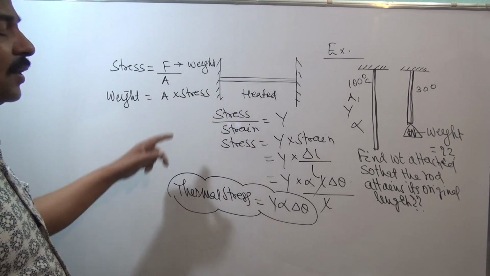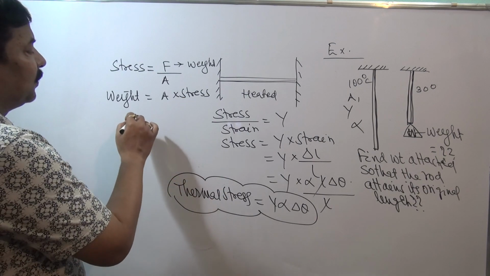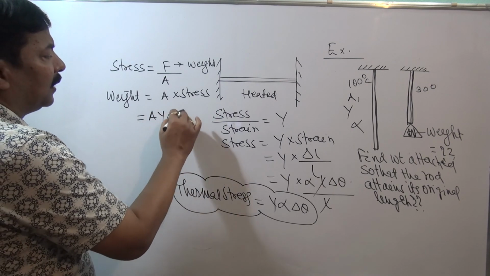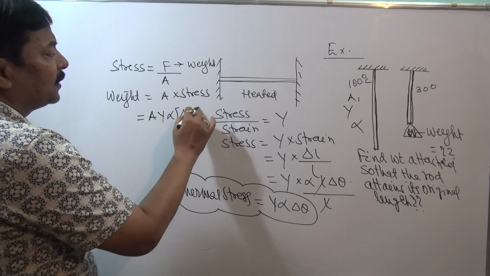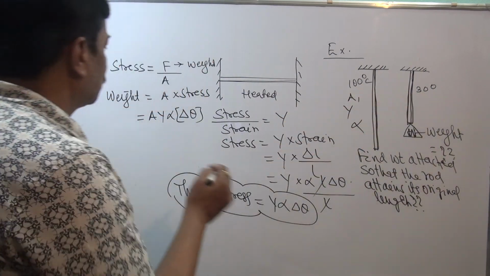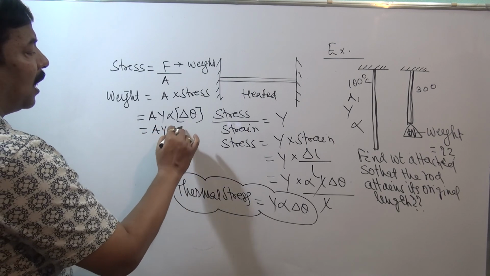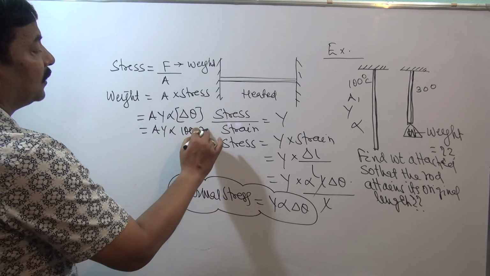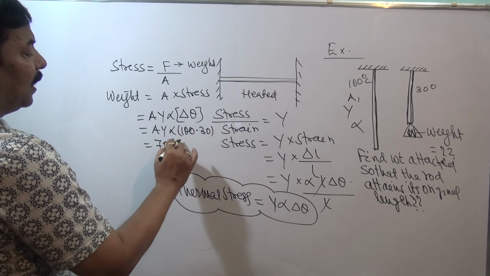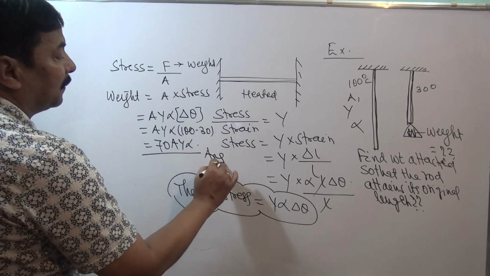And that stress is your thermal stress. So this is A, Y, alpha, delta theta. What is this delta theta? Delta theta is 100 minus 30. So you are getting A, Y, alpha into 100 minus 30. So ultimately 70 A Y alpha. This should be your answer.